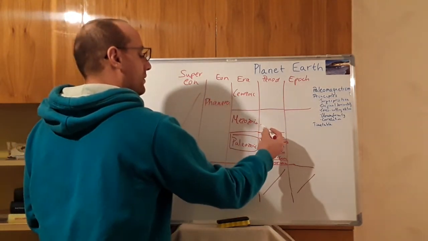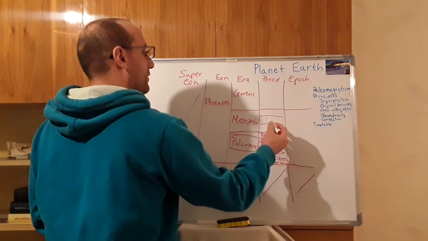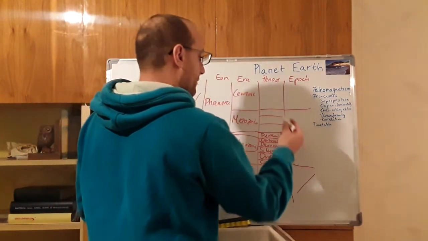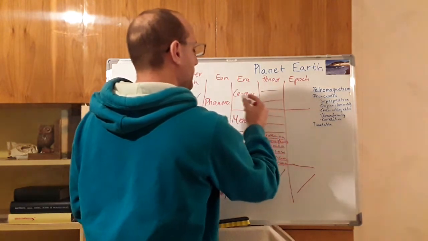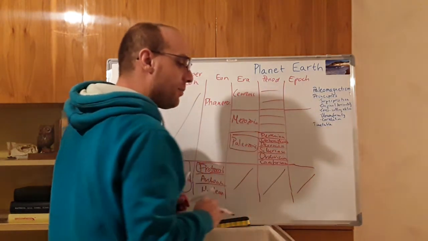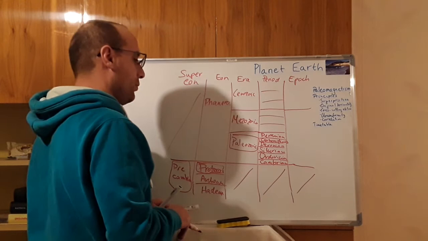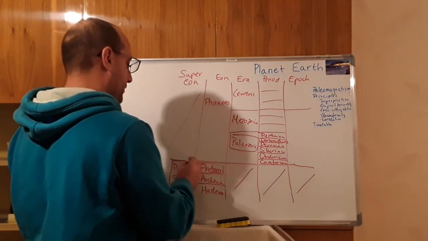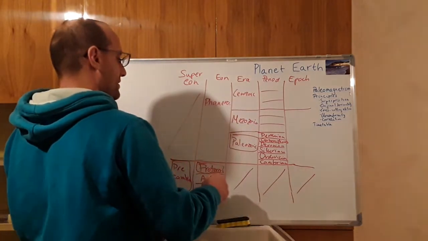And later on, we will speak about the 3 periods in the Mesozoic and the different periods in the Cenozoic, and especially the epochs, which are also very important. But for the moment, it's just enough for us perhaps to try to memorize this structure.